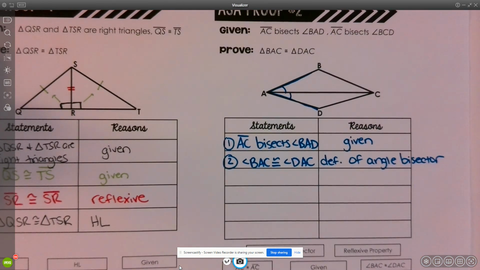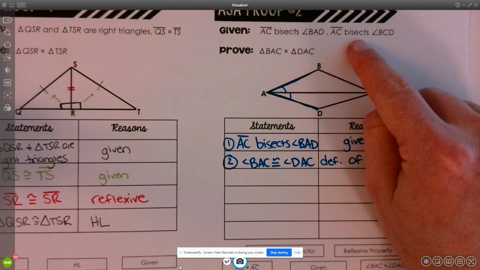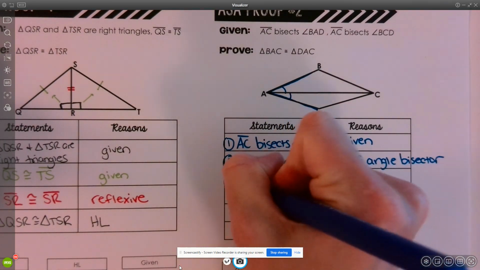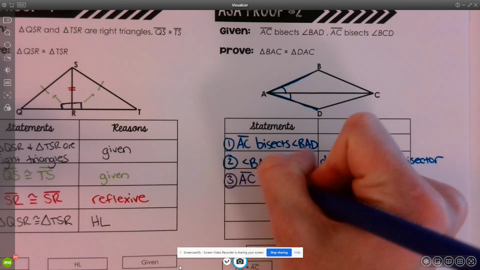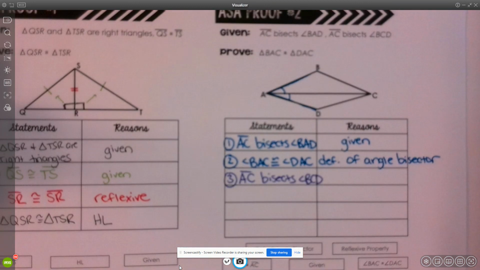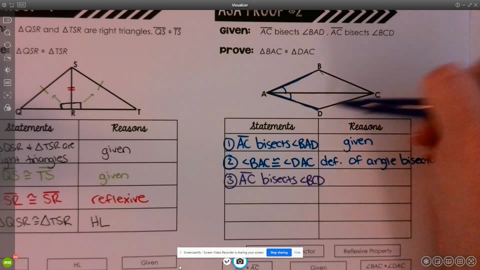So if you are given an angle bisector in a problem or in a proof, you're going to be using that to find two congruent angles. All right, we are also told that line segment AC bisects angle BCD.